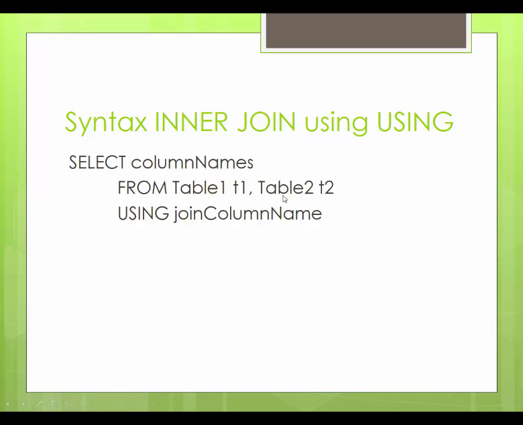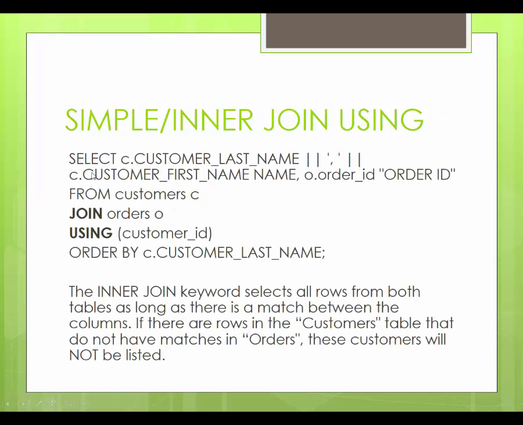So an example of this is my select statement. I'm using the exact same thing that I have in all of my other examples, except for my join statement and my using keyword. So my join keyword is going to join orders O using customer ID, and I'm going to join that with my customers table.